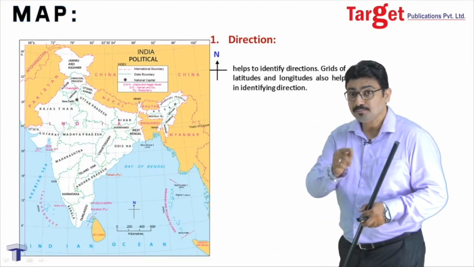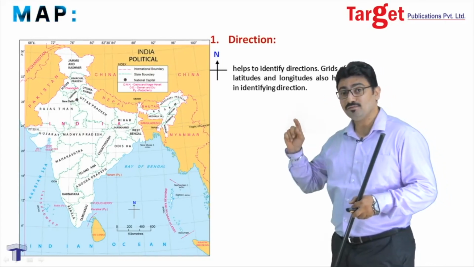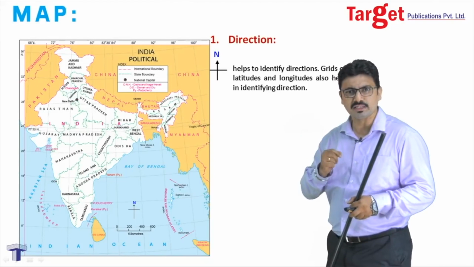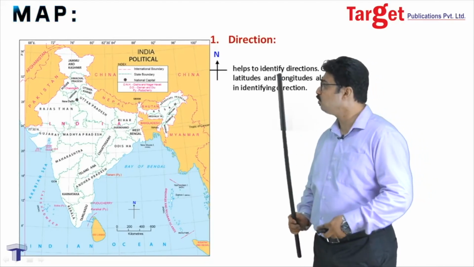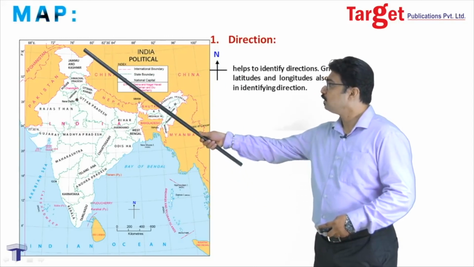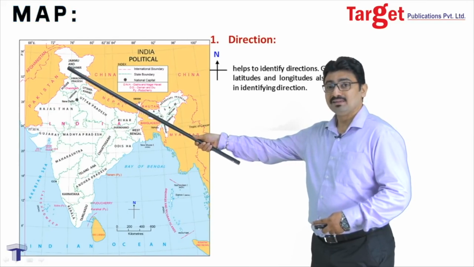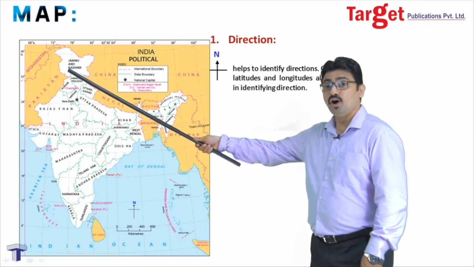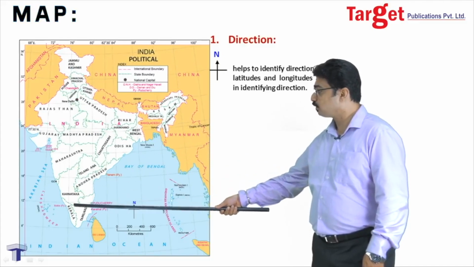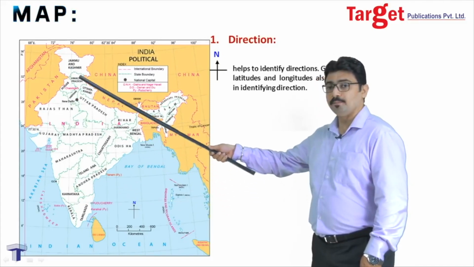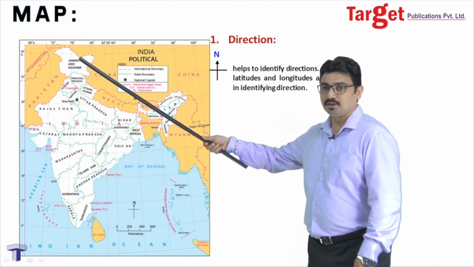As I said earlier, there is one more way of understanding directions in the map if the arrow is not mentioned. What is it? It is the latitude and longitude. If you observe very closely, friends, over here we see a letter N beside the number. That is a latitude, a north latitude. These numbers grow from bottom to top, so the north is on the top and the south is on the bottom.